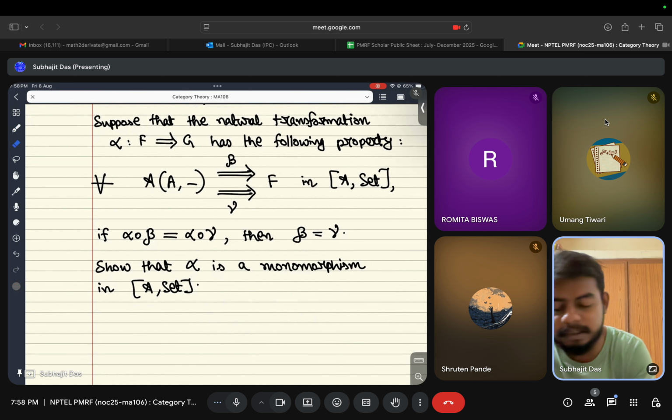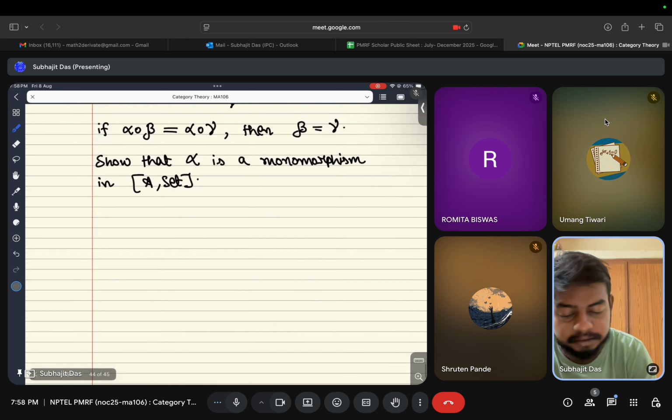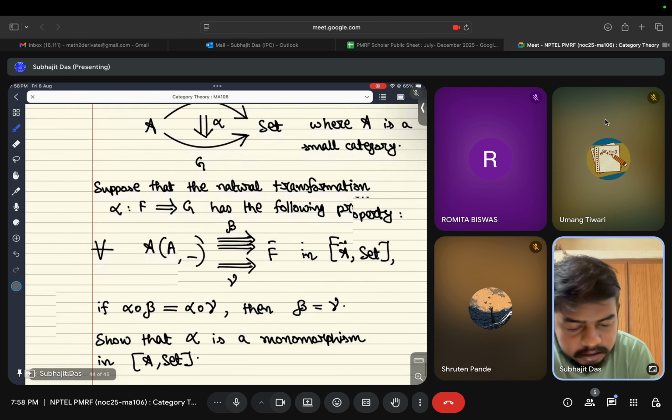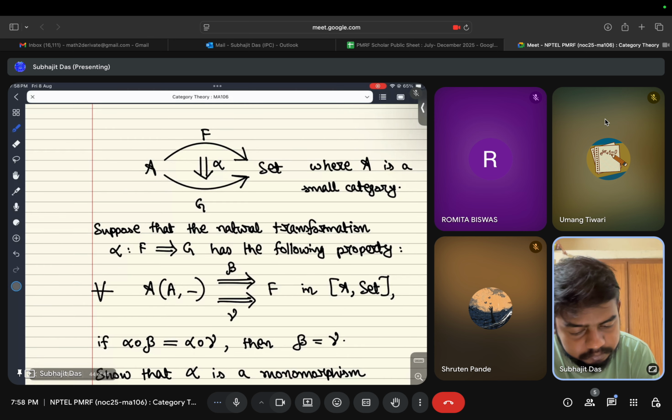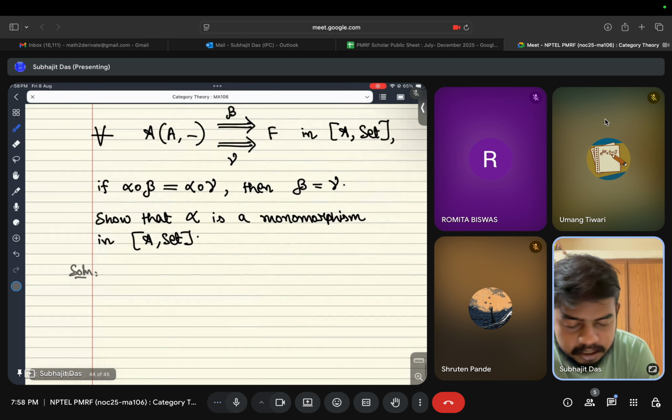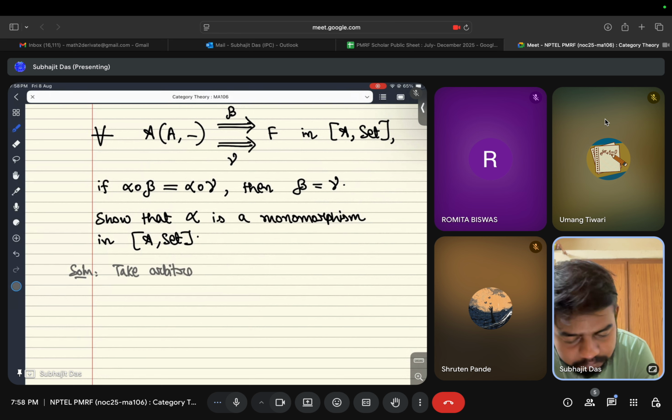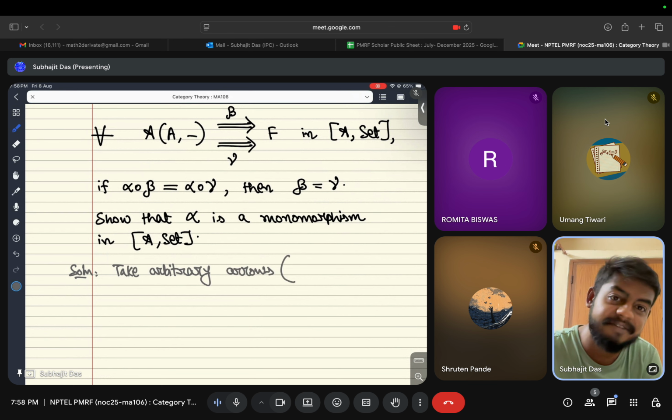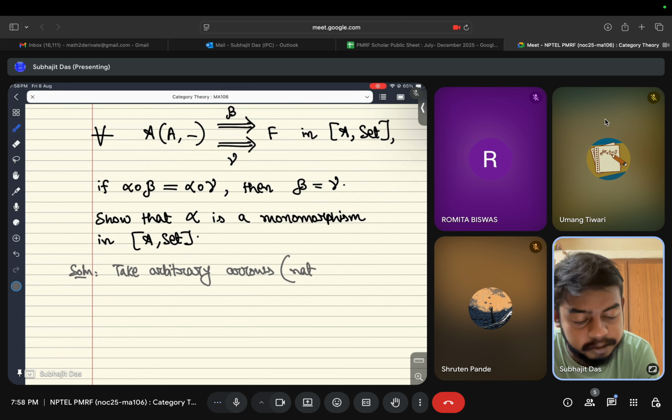So let's quickly get to the idea or solution. You need to show that alpha is a monomorphism. So take arbitrary arrows. We are talking about arrows in the functor category, that is, natural transformations.